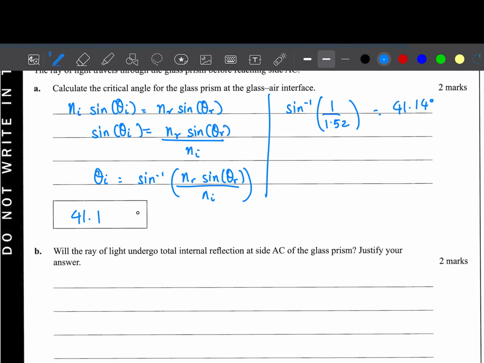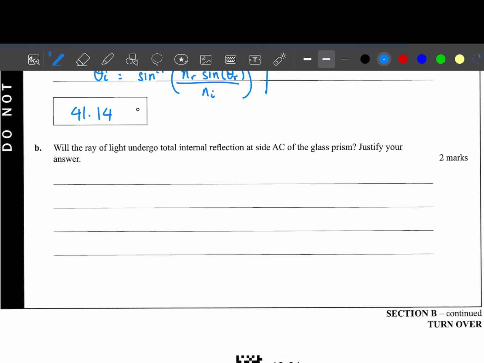So 41.14 degrees. I already have it here. So okay.